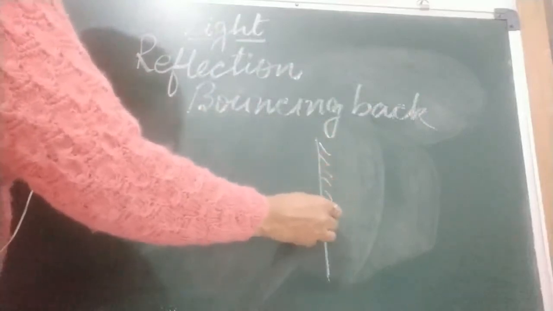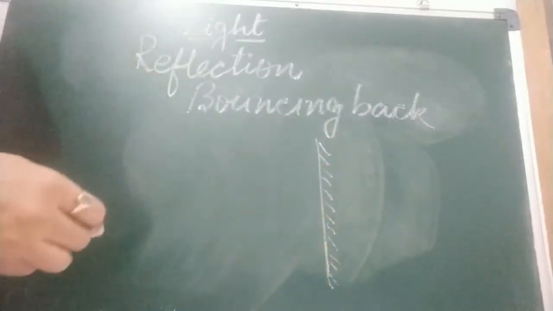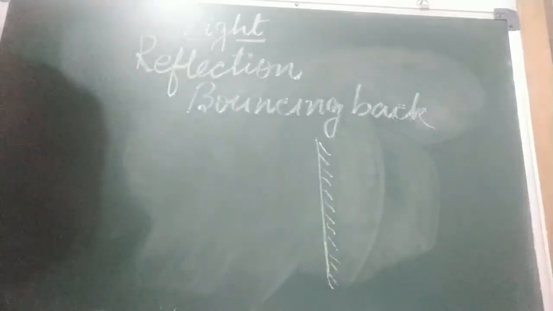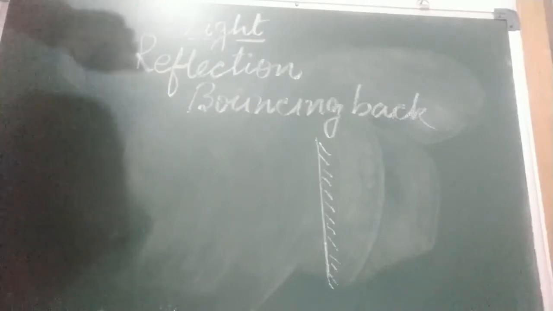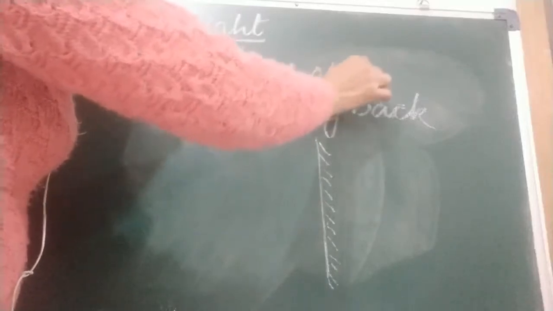Suppose this is a mirror. All the surfaces, they reflect the light. The process of sending back the light rays which fall on the surface of an object is called reflection of light. All objects, they reflect.